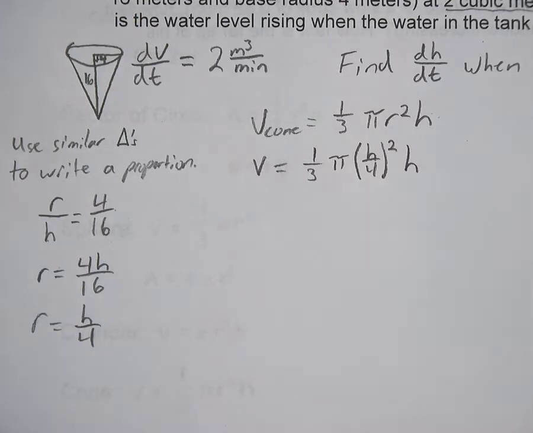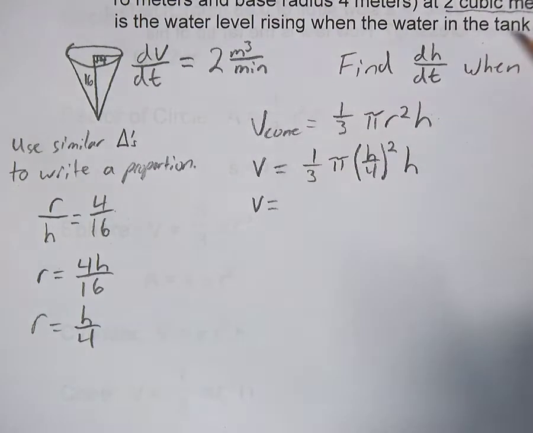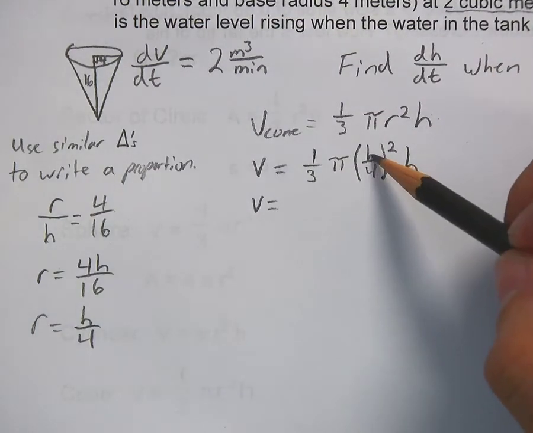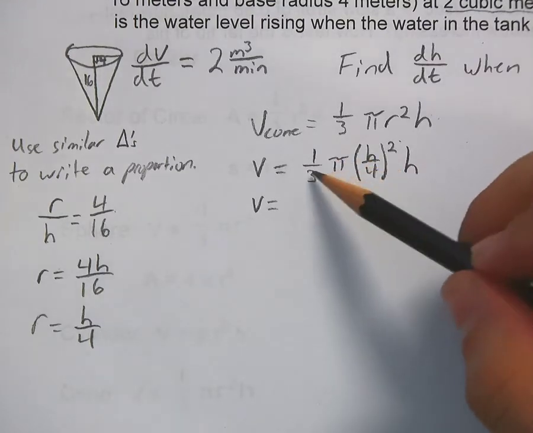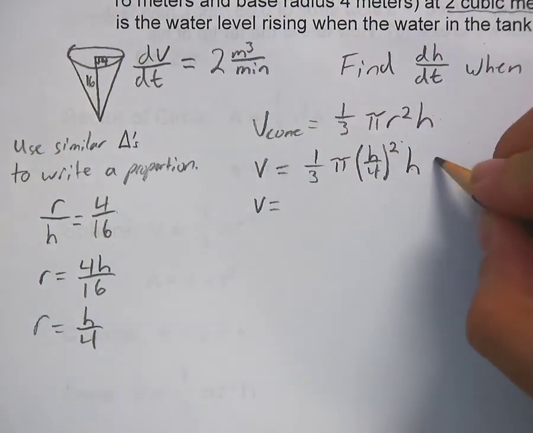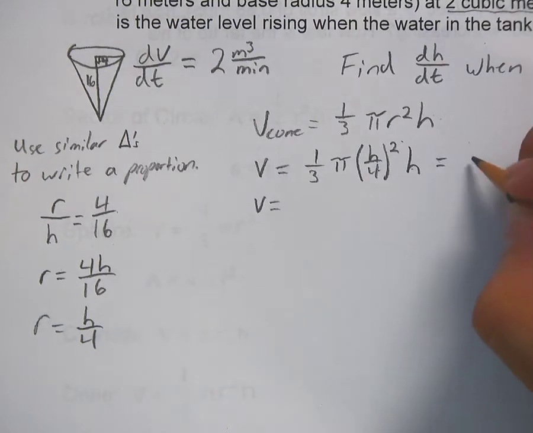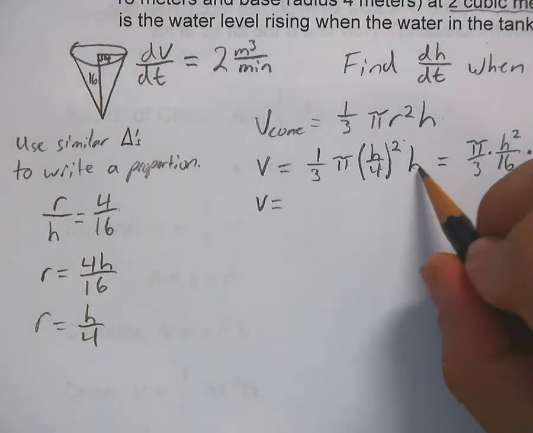So let's simplify this stuff a little bit here because we've got a lot going on. This is going to be h squared over 4 squared is 16, right? So if we multiply this all together, let's combine pi and 1/3 into pi over 3 times h squared over 16 times h over 1.